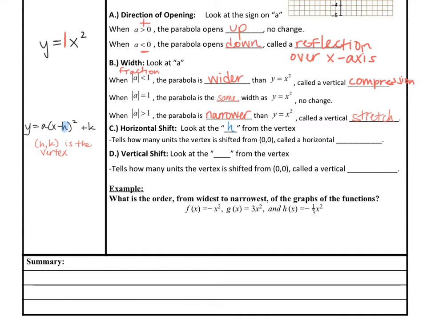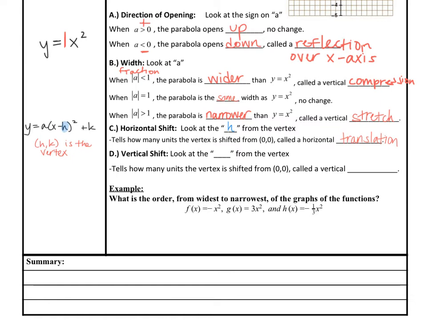It's called a horizontal shift. The fancy word for shift is translation. So a horizontal translation means it's going to move left or right.